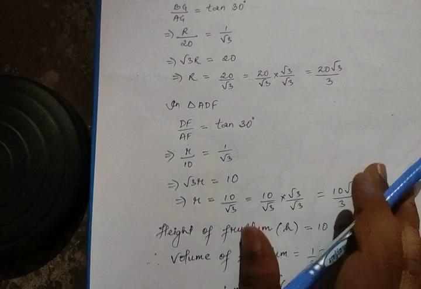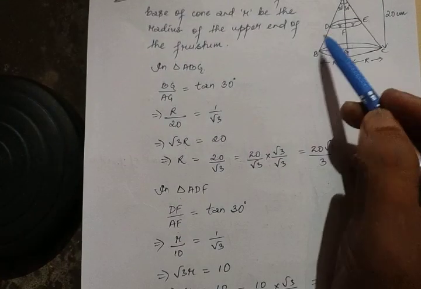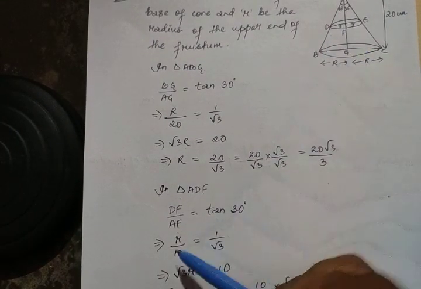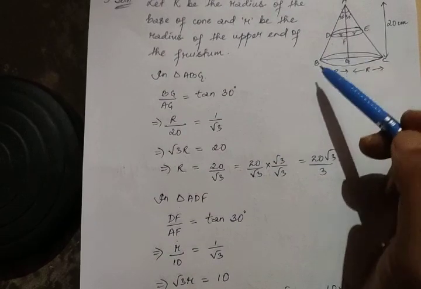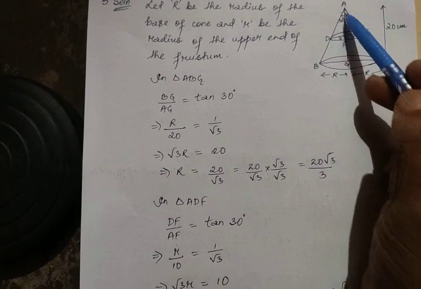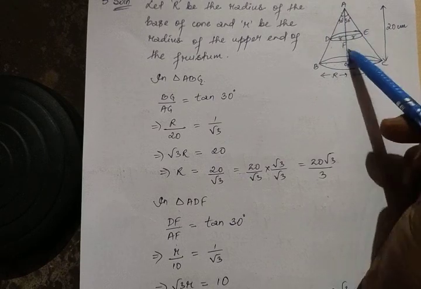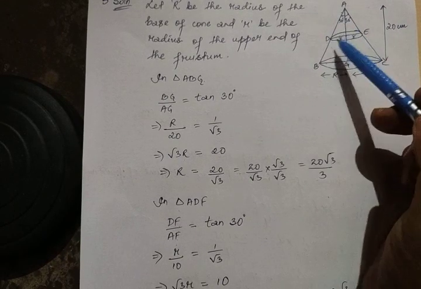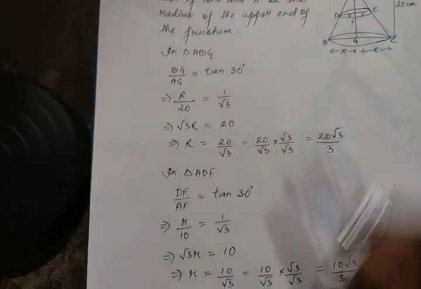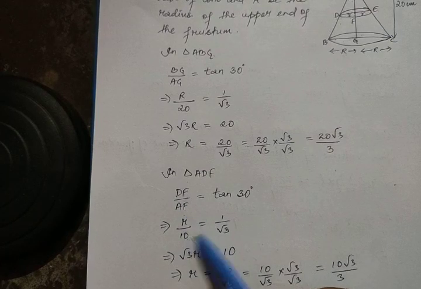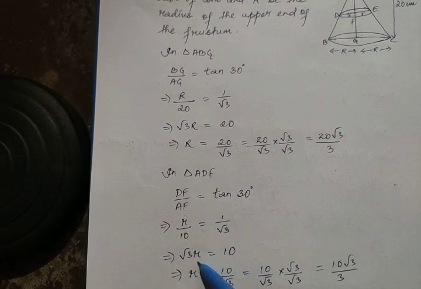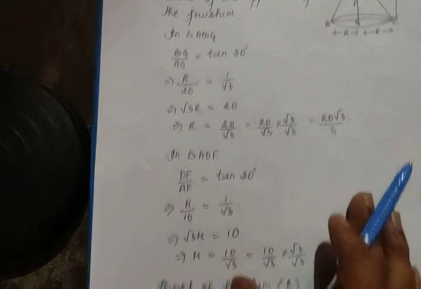DF we have considered as small r, so in place of DF we write r. And AF, this part, see this whole is 20 and it is cut in the middle, so this part will be 10 and this part will be 10. So AF will be 10. So r by 10 equal to tan 30, which is 1 by root 3. Again we cross multiply: root 3r equal to 10 into 1, which is 10.